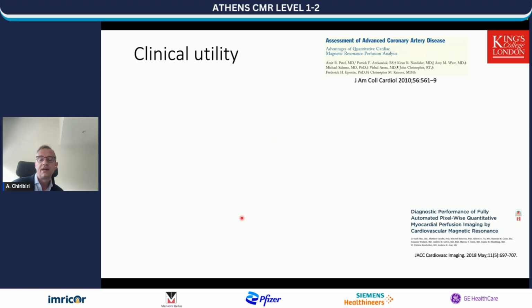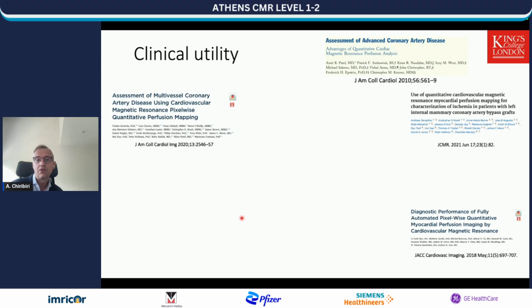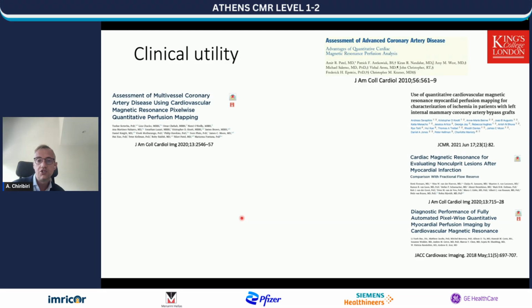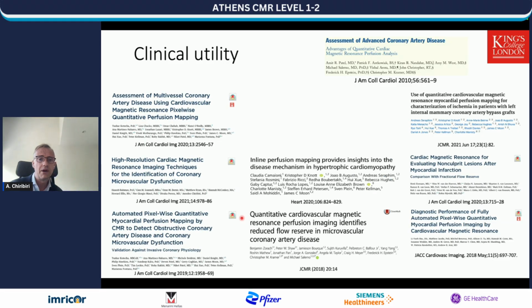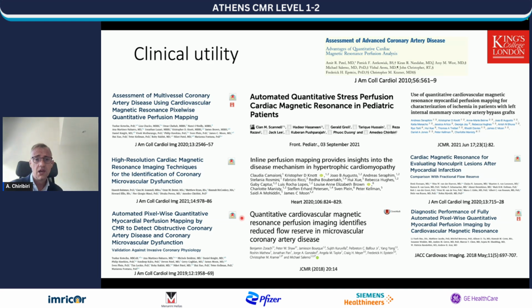And out there are a lot of publications which are now coming out on the clinical validation in patients with microvascular disease, multivessel disease, coronary artery bypass, cardiomyopathies like hypertrophic cardiomyopathy, DCM, or pediatric population, where we also headed the charge.